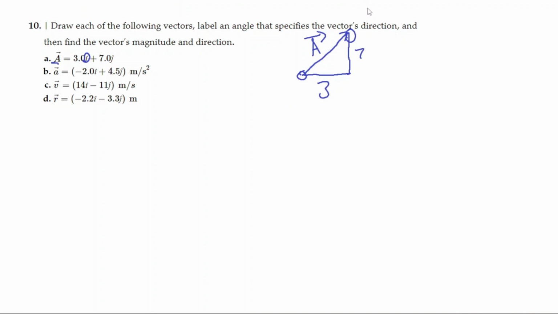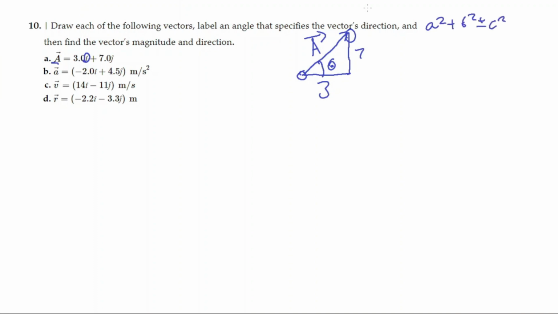And so we want to find the direction and the magnitude of it. Let's set this angle as theta. That would give us our direction, but let's find the magnitude of it first. So we know a squared plus b squared is equal to c squared.